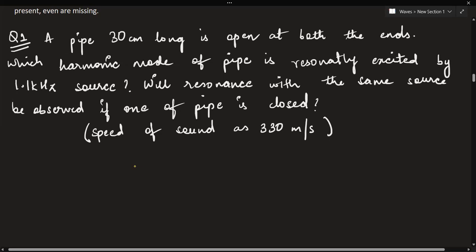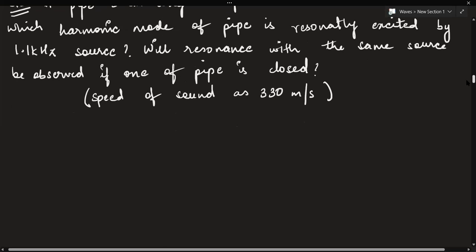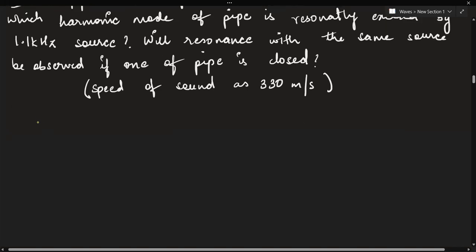Now let's see. First we have to identify for which harmonic mode an open organ pipe of length 30 centimeter will give us the frequency 1.1 kilohertz. For an open organ pipe, the frequency for nth mode is given by nv divided by 2l.